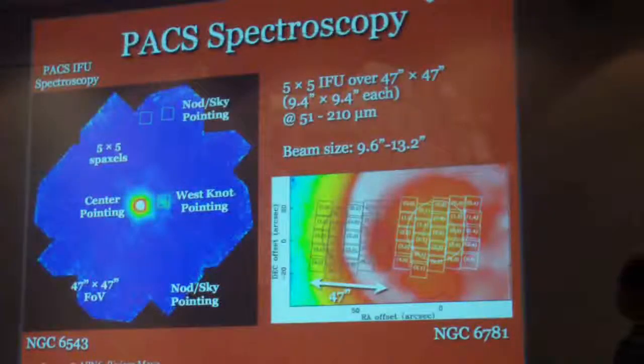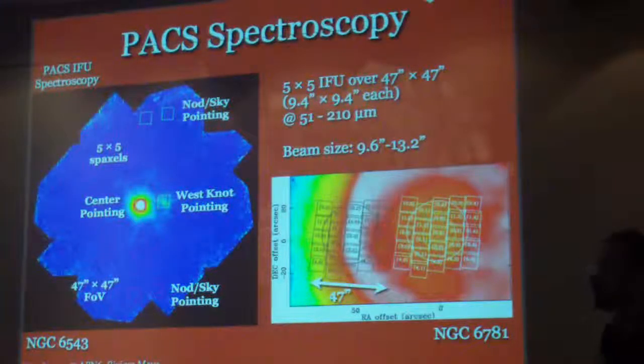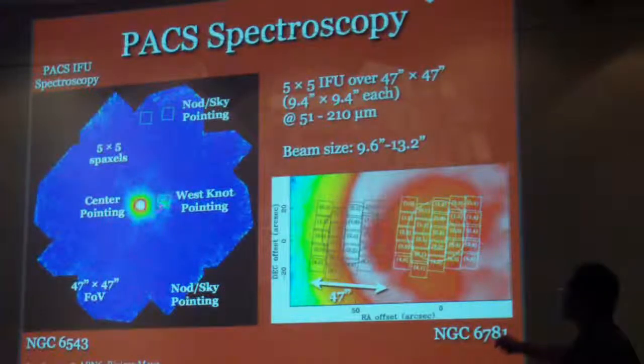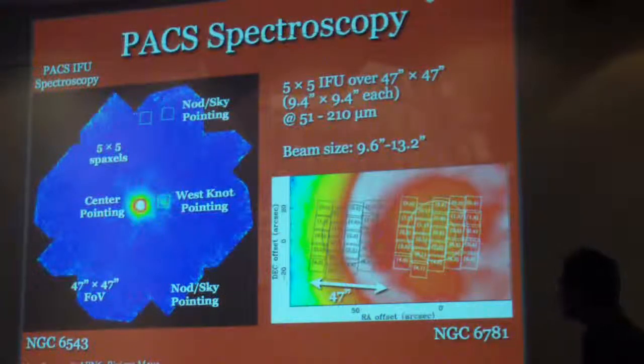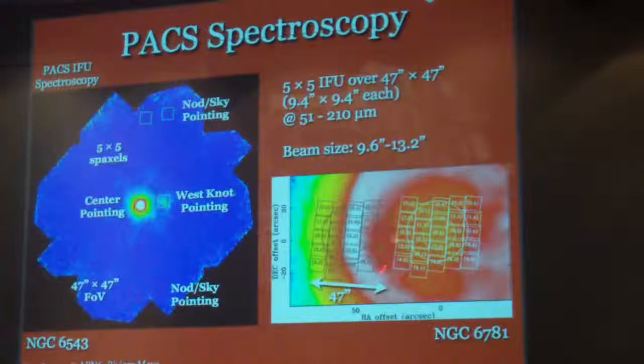For PACS spectroscopy, we wanted to make a complete map, but the time is short, so we just picked some locations to look at. Each box represents a 5 by 5 spaxel coverage. So you have 5 spaxels by 5, in total 25, and we usually make multiple pointings to make observations.